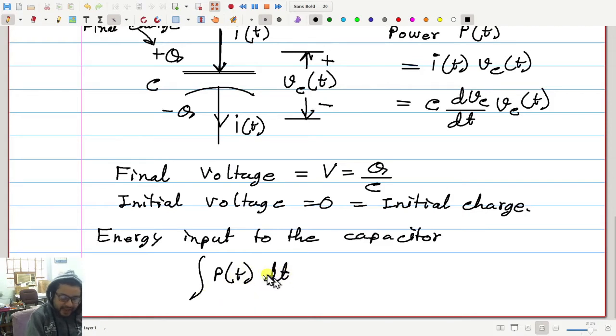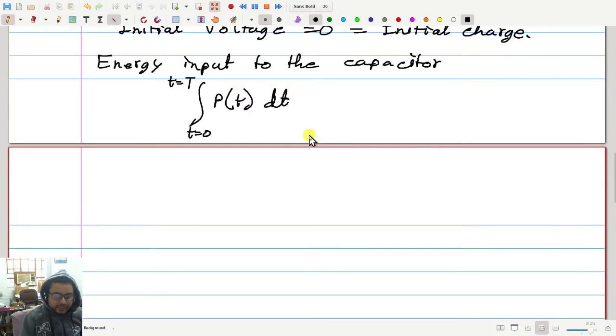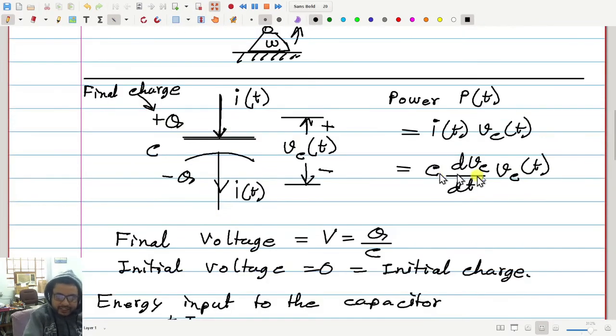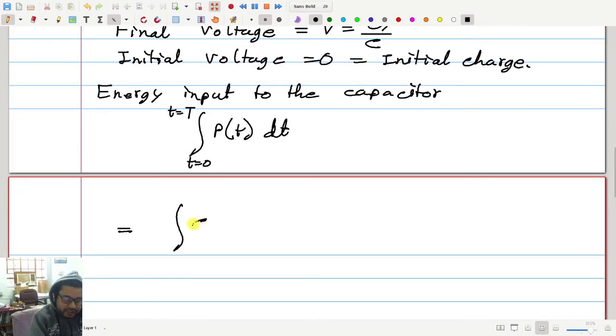Assuming that this entire process of charging starts from time t equal to 0 and completes at some time capital T, we have to do this integration. The power is C dVc/dt multiplied by Vc, integrated over time.